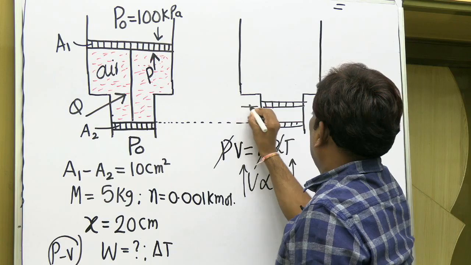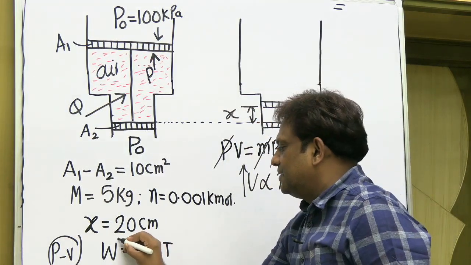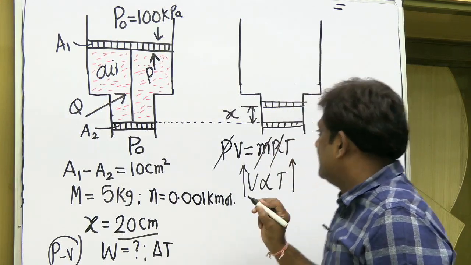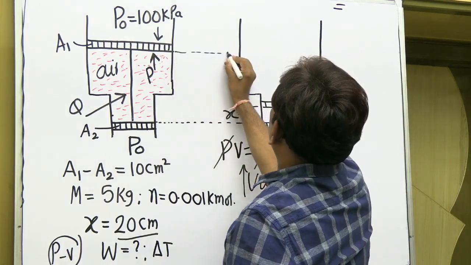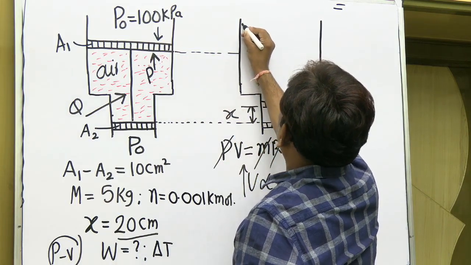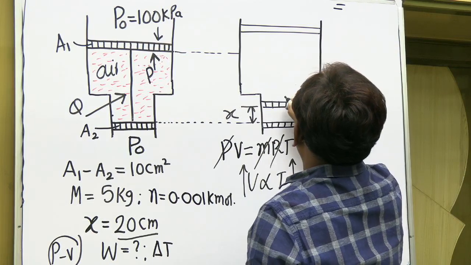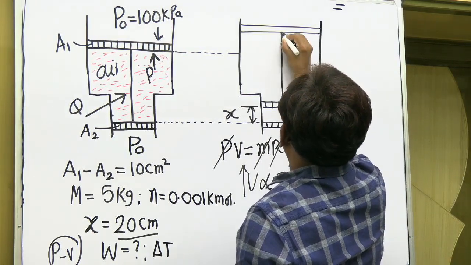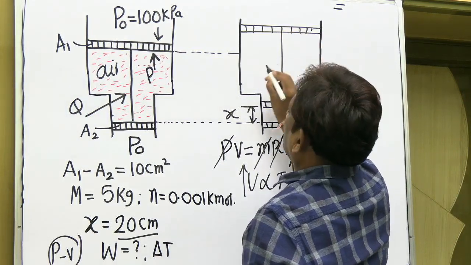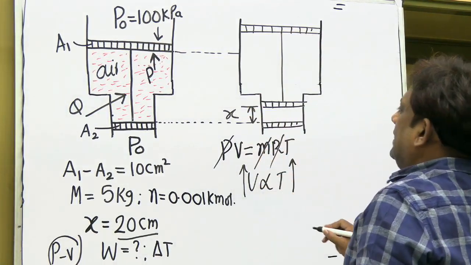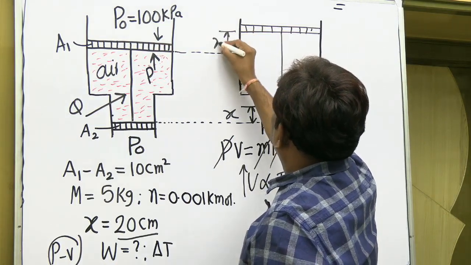Let the distance moved be x, and clearly that x is given as 20 centimeter, and thereby this will also move. Now it has moved by x.